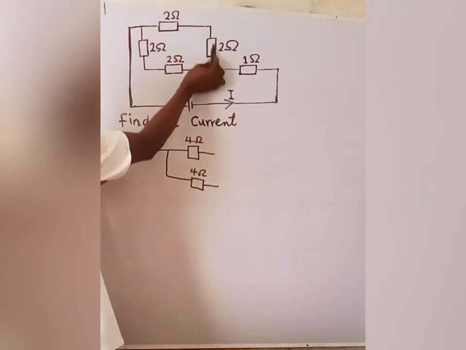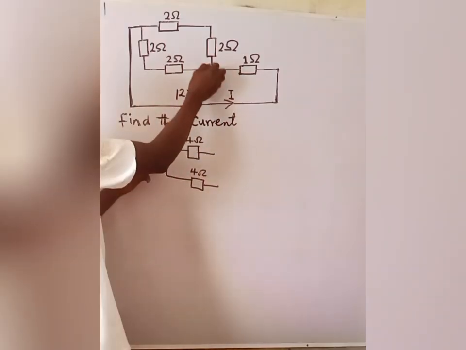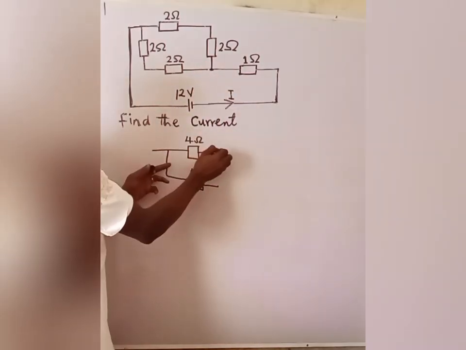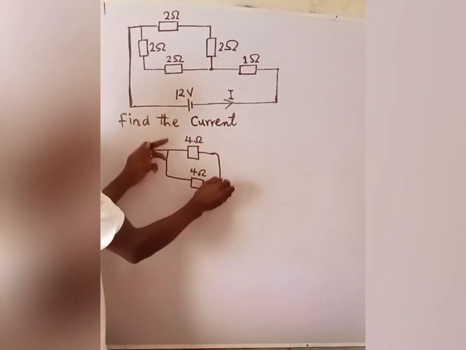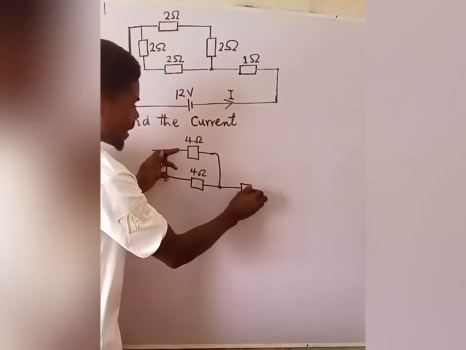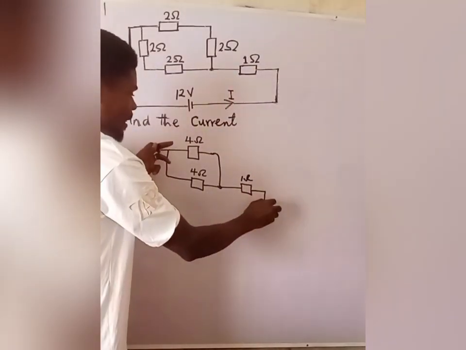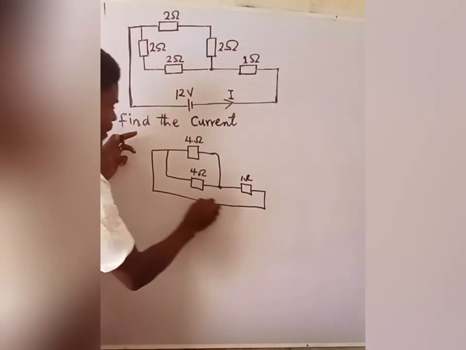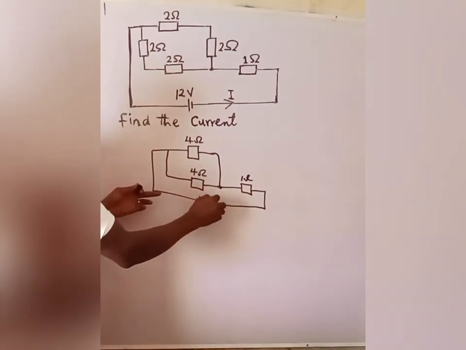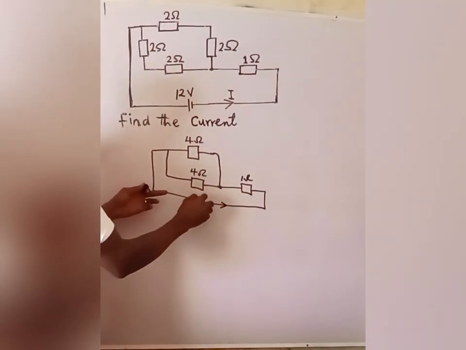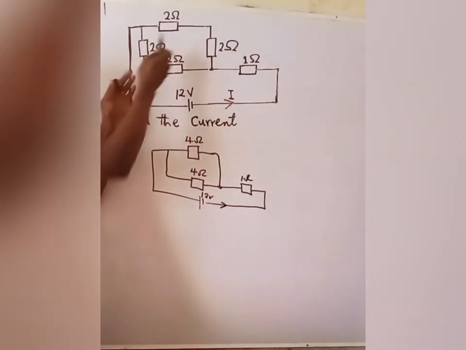Remember, we have added these 2 to get 4. We added this other 2 to get this 4. Then there is a junction here. Remember, we still have the 1 ohm resistor, this other part. Then we now have this type of diagram. Okay, this is a simpler diagram to the other one. Remember the direction of current, and then we have 12 volts here.